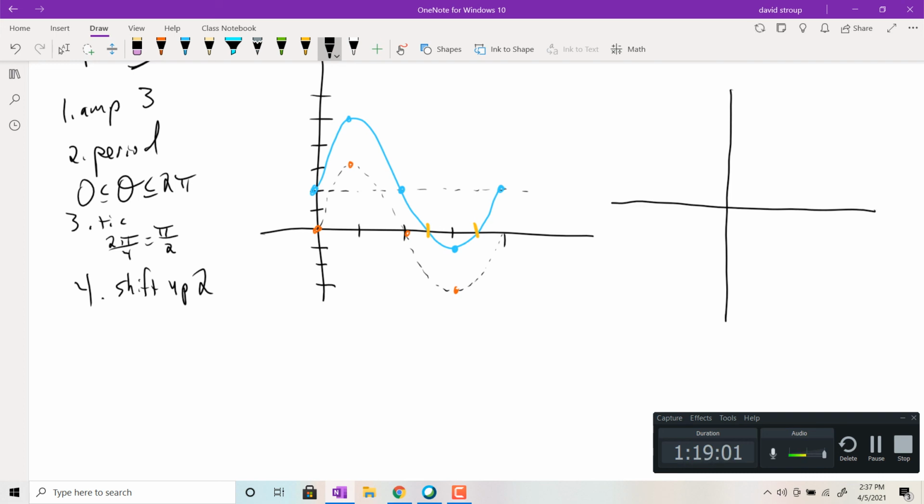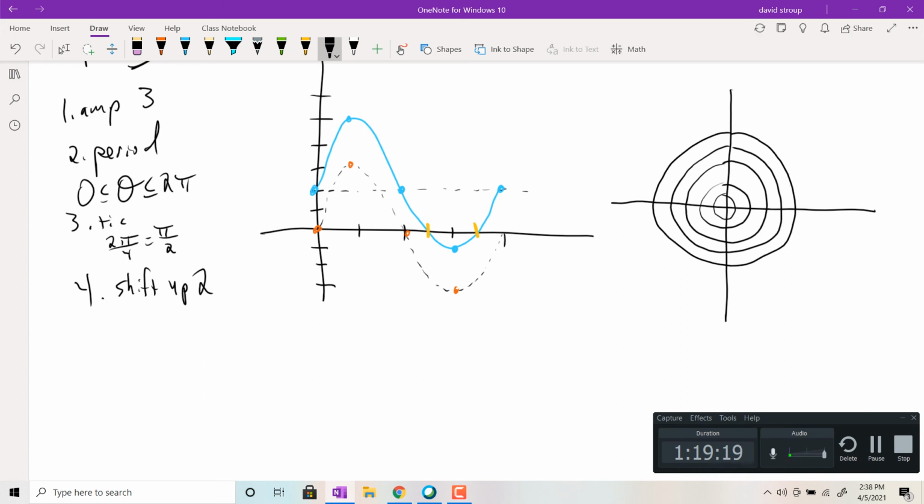Okay, so it's going 1, 2, 3, 4, 5. Okay. It's starting out at 0, 2. So 0, 1, 2. It's starting right here.